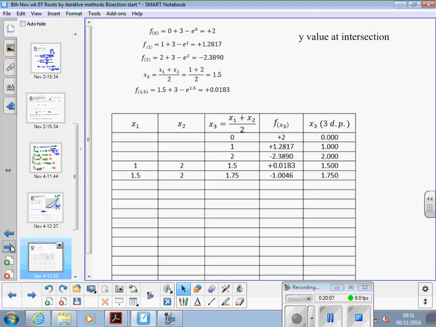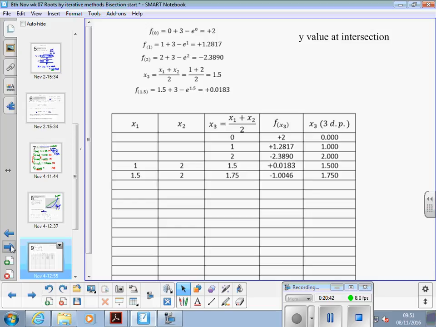So, just start and use the table to find and add the values in each time. That's a little bit tidier way to record the values. And we're recording here x3, the new guess for the root each time. The 3 decimal places over here, looking for that to be the same twice, then we can stop. So I've done the first ones.